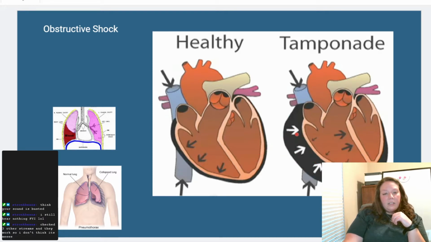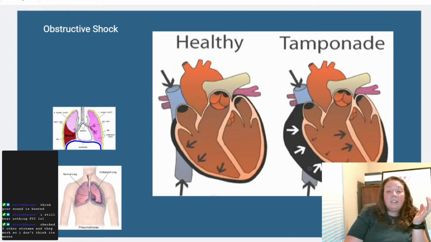As you can see in this picture, if the heart is being compressed, blood can't get in or out of the heart. So as the heart gets smaller and smaller, you're not getting blood pumped anywhere. So what does this patient look like?